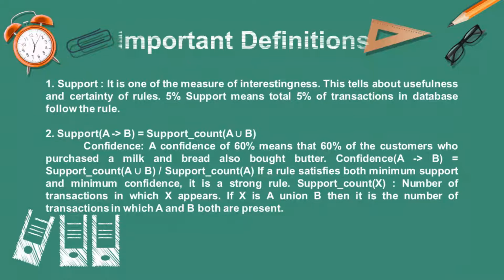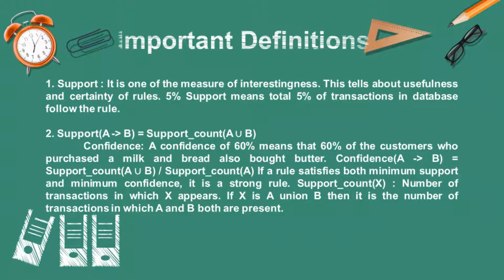Important definitions. First, support. It is one of the measures of interestingness. This tells about usefulness and certainty of rules. 5% support means a total of 5% of transactions in the database follow the rule. Support (A implies B) is equal to support count (A union B). Confidence.